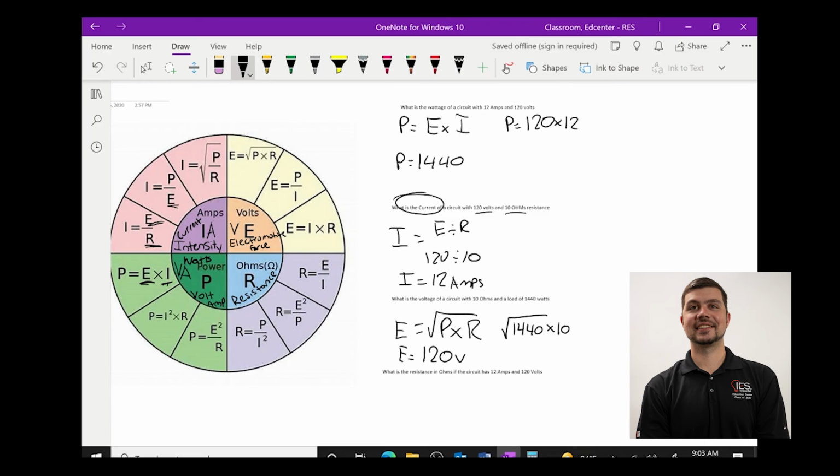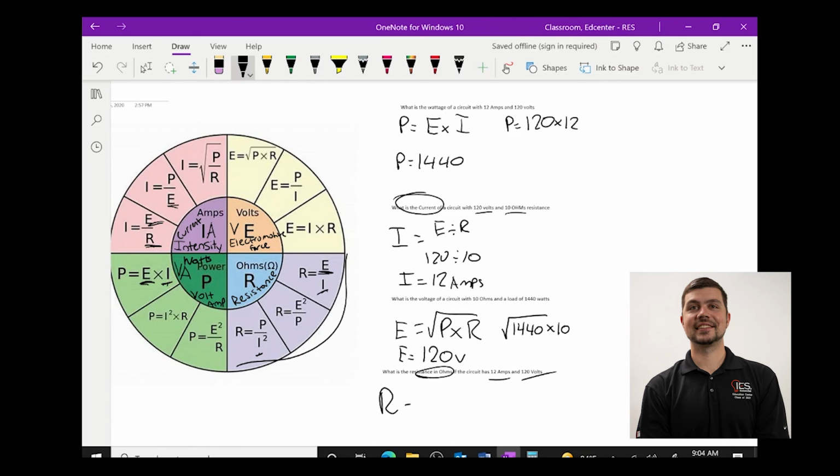All right. Finally, we have our resistance. If a circuit has, so we're looking for ohms, we have 12 amps, and we have 120 volts. So we're looking over here in our resistance. We have amps, so it's either going to be this or it's going to be this. And I have 120 volts. Boom, there's my E right there.